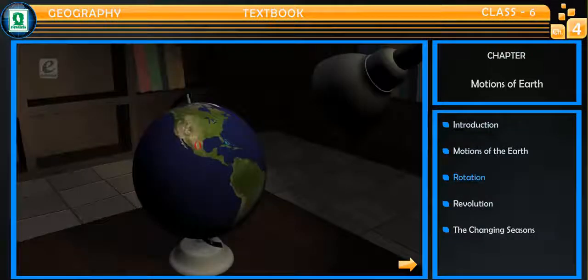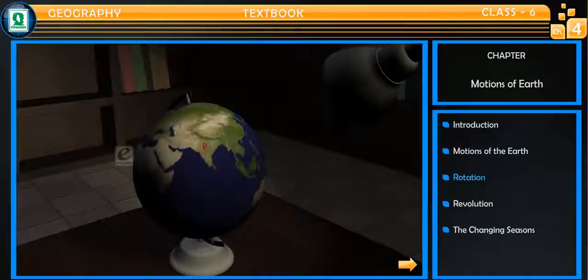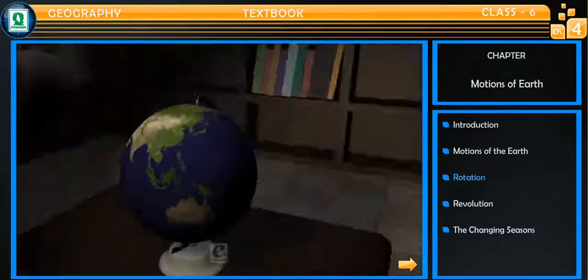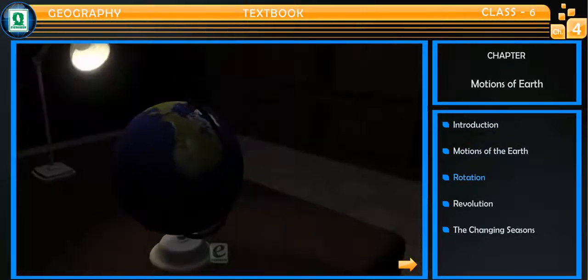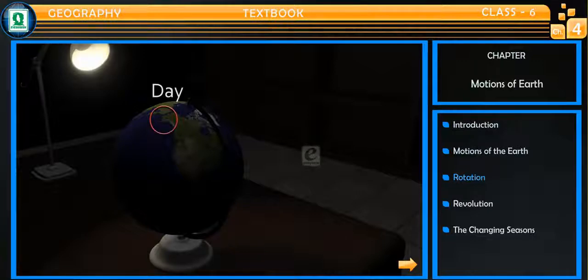Now if we mark another point O opposite to the point P and repeat the activity, we will see that when P is in light, point O will be in complete darkness. Which means when there is day at point P, point O will have night.